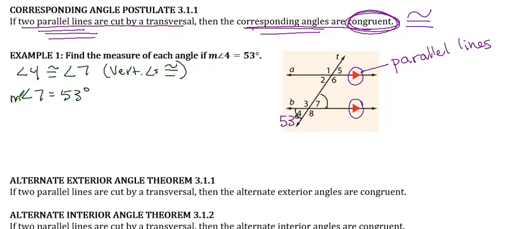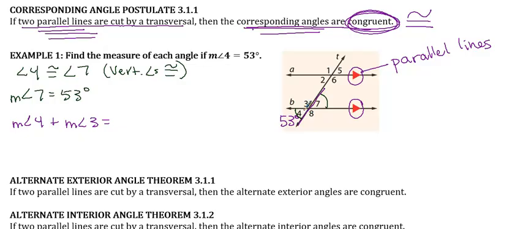Then we can figure out the measure of angle 3, because the measure of angle 4 plus the measure of angle 3 equals what? Because we have a straight line in here, right? That's a straight line, that transversal. So 4 and 3 are a linear pair. They make a straight line.